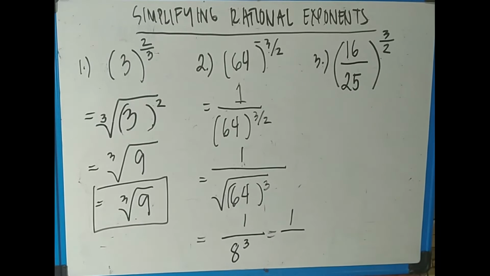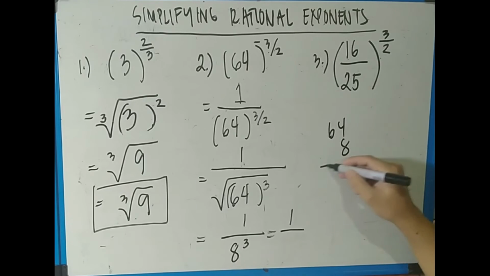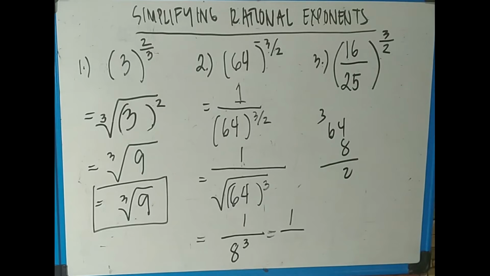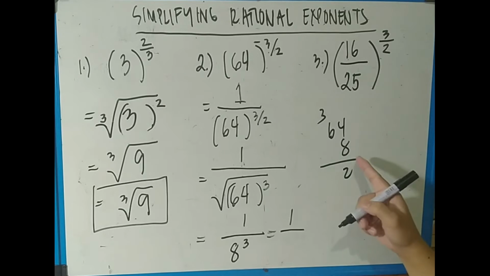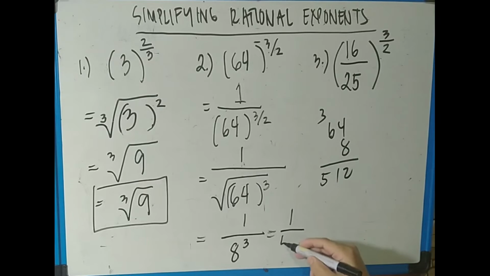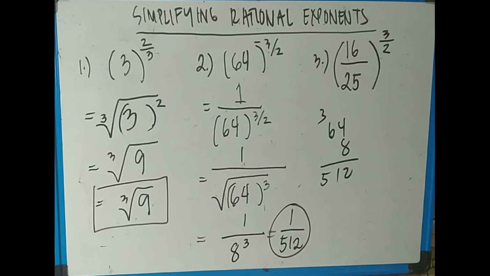So 8 times 8 is 64, then 64 times 8: 4 times 8 is 32, carry 3, 6 times 8 is 48, plus 3 will have 51. So we have 1 over 512. So this will be your final answer in the 64 raised to negative 3 over 2.